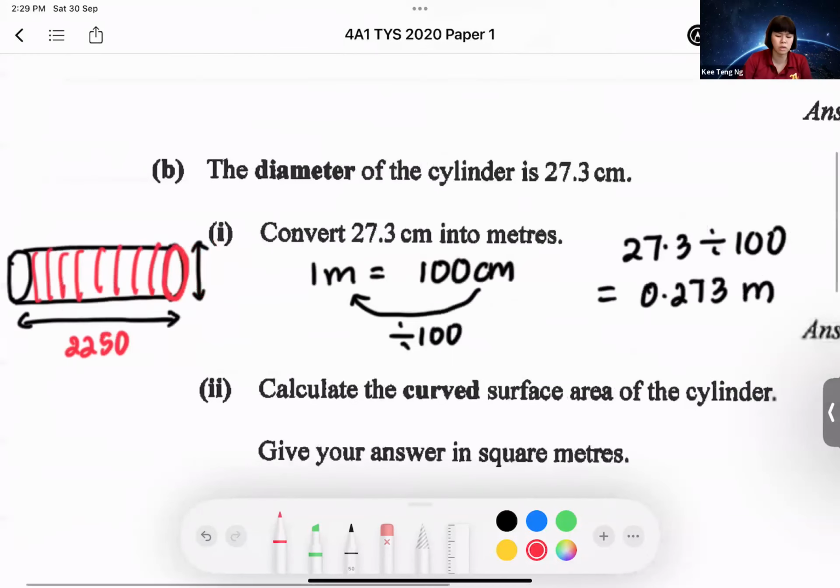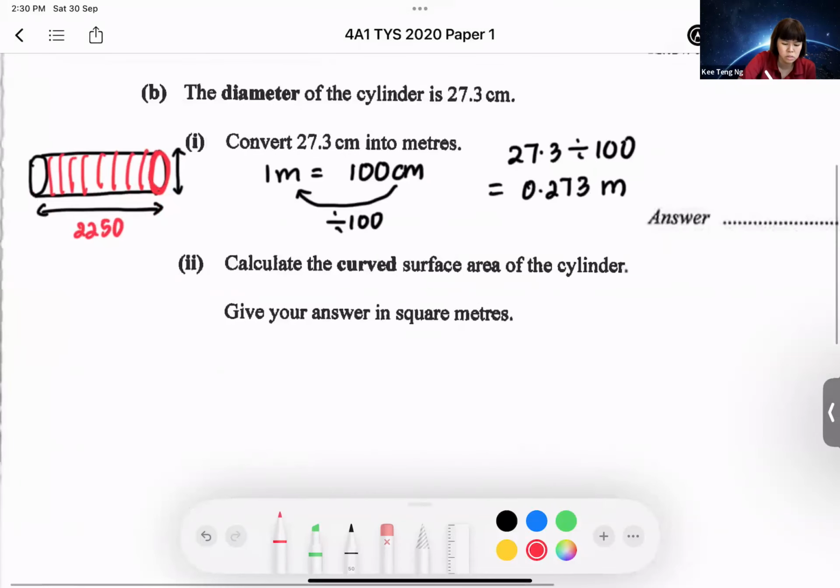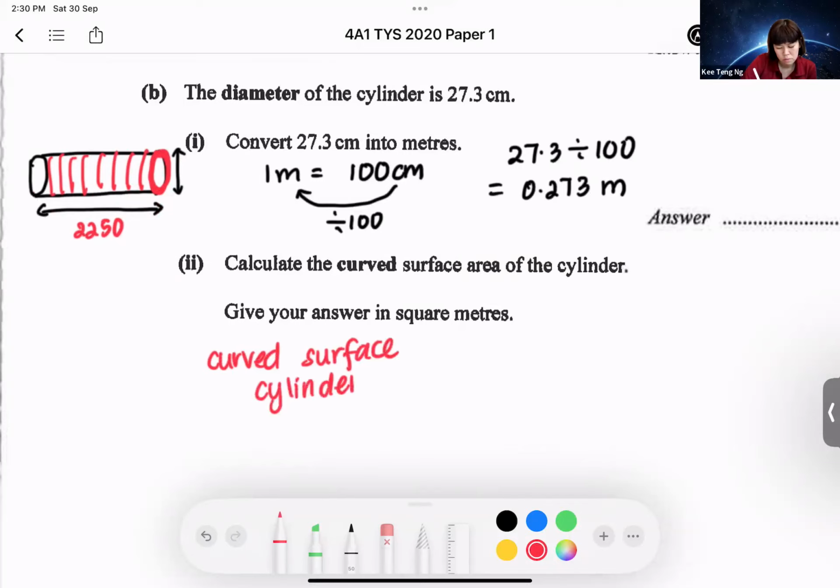In order to find the curved surface area, this formula is not given. I need to use the circumference, taking circumference times the length or the height of the cylinder.